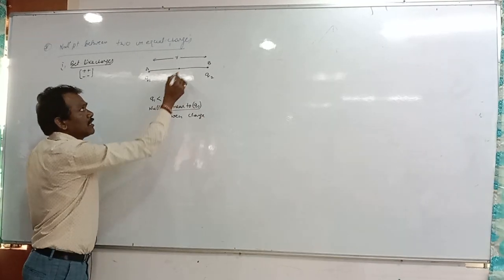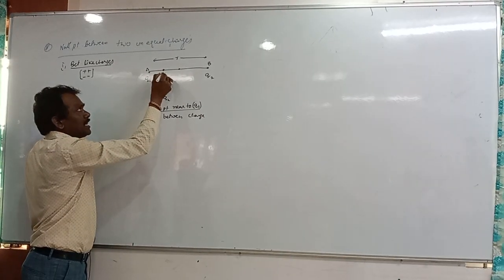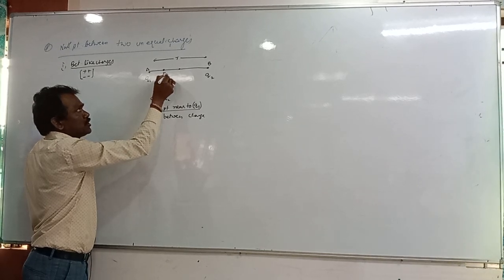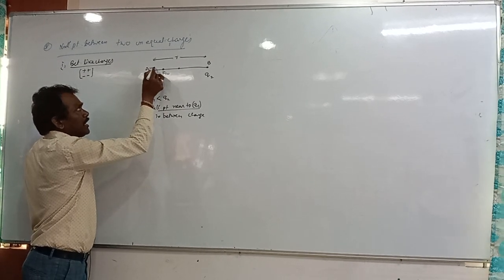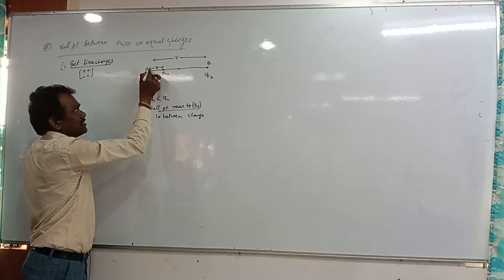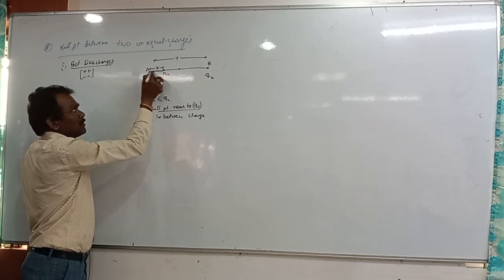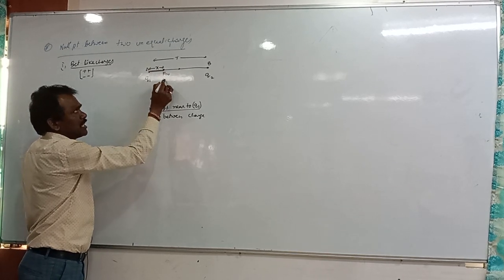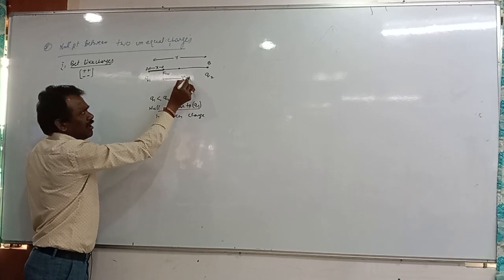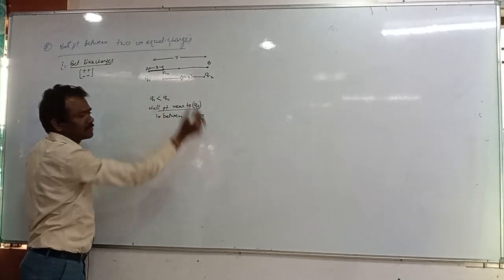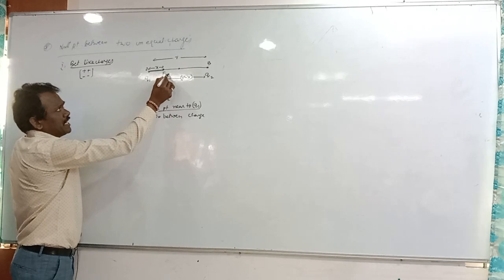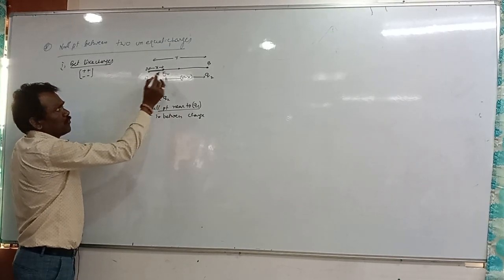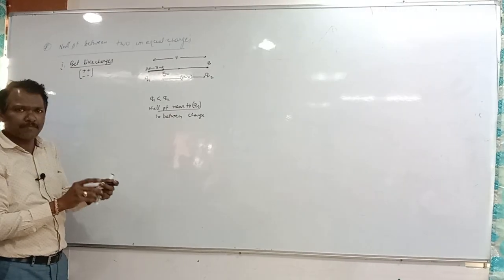the two charges, let the net force be equal to 0 here. Let this be the x distance. At x distance from q1, what is the remaining distance? It is r minus x, isn't it? We are saying net force f is 0, right?